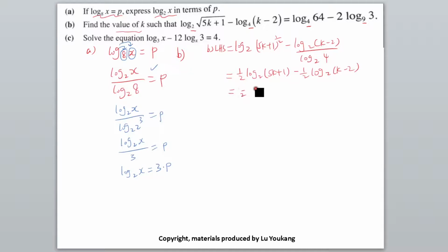So now I can simplify it further, because as you can see, I have both log 2, so I can take out the common factor half.